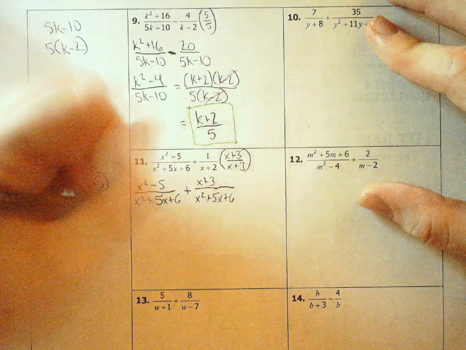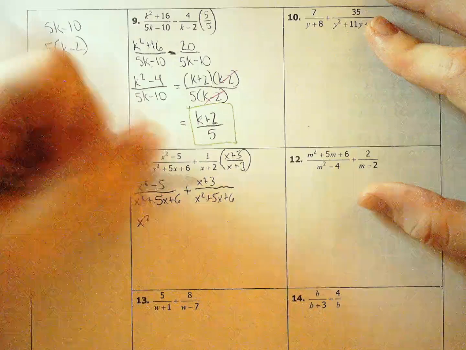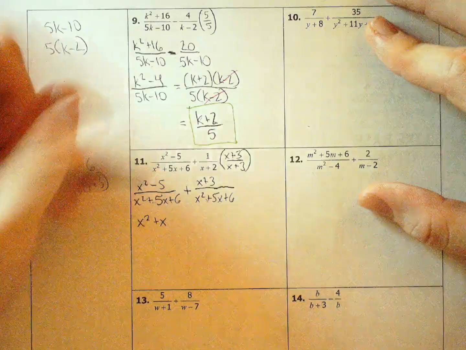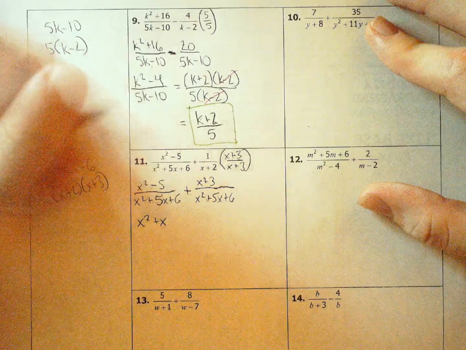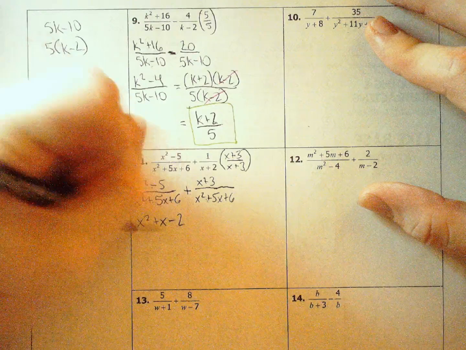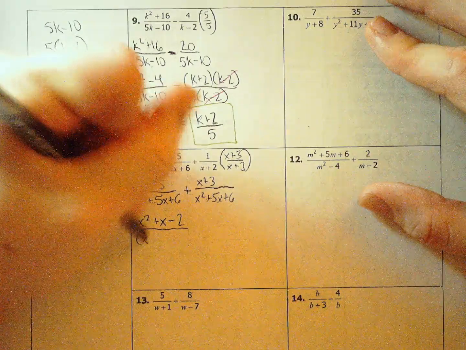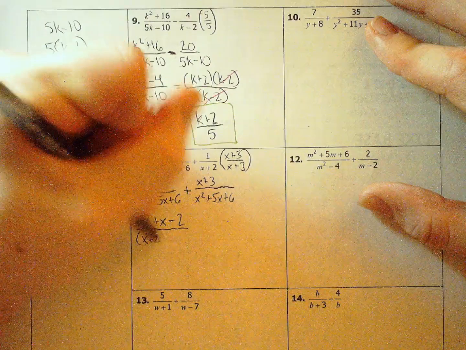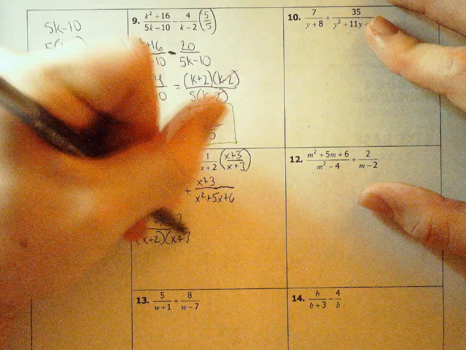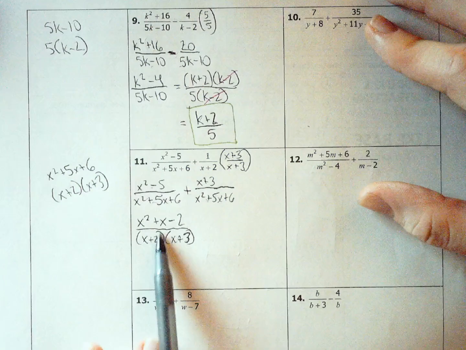And so if I combine like terms, I have x squared, right? X squared. Then I have a plus x, and then I have negative 5 plus 3, which is minus 2, over x plus 2, x plus 3. See, I kept my promise. I factor it in the next step.